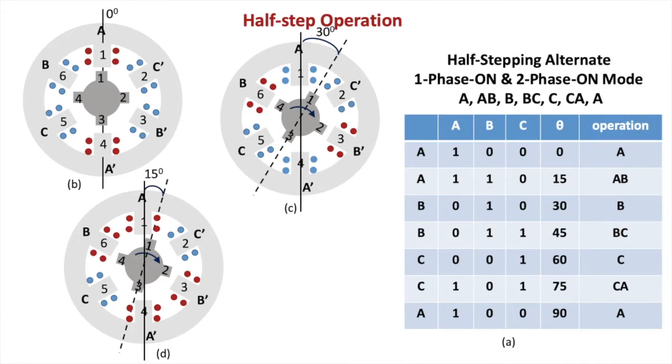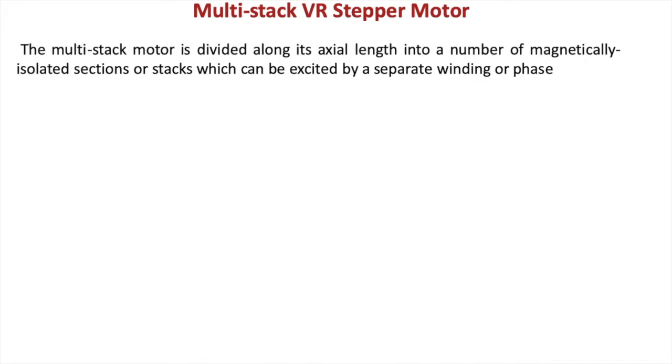Then again B, so you get the 30 degree position, and this is how the sequence is maintained: A, AB, B, BC, C, CA and A, which completes its 90 degree operation in steps of 15 degrees each. Now what is a multi-stack variable reluctance stepper motor?